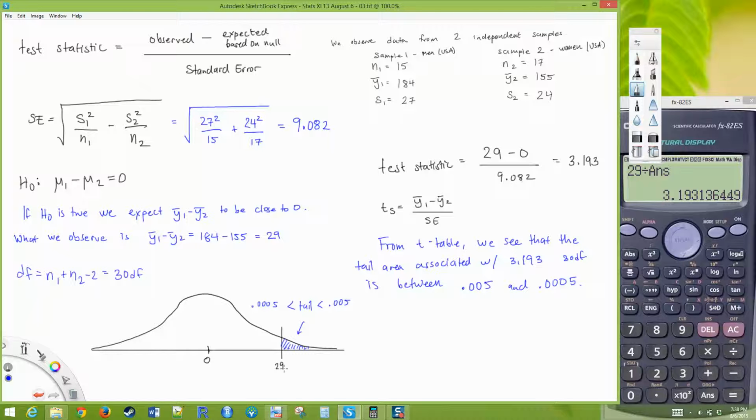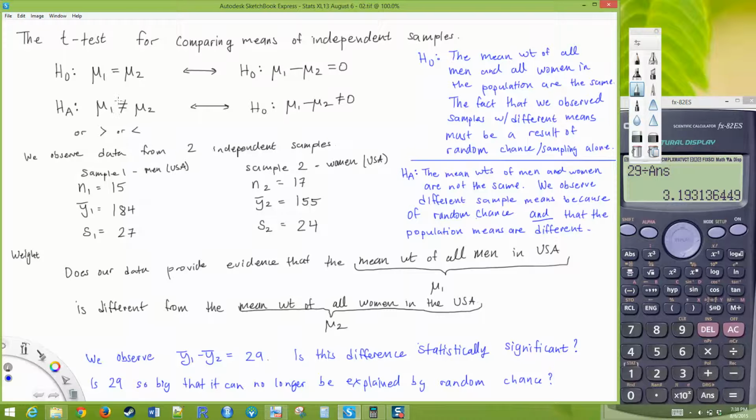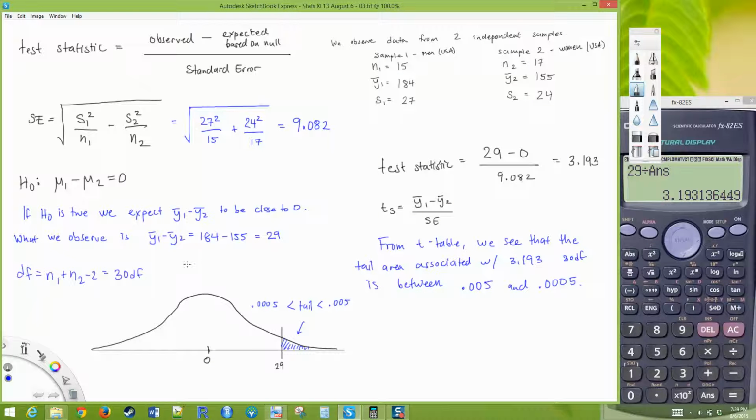Because our alternative hypothesis, if we flip back a slide, shows not equal rather than greater than or less than, this implies that we would have been interested if the average weight of men was greater than women, but we would have also been interested if the average weight of women was greater than men. So a difference of positive 29 or negative 29 are both equally interesting.